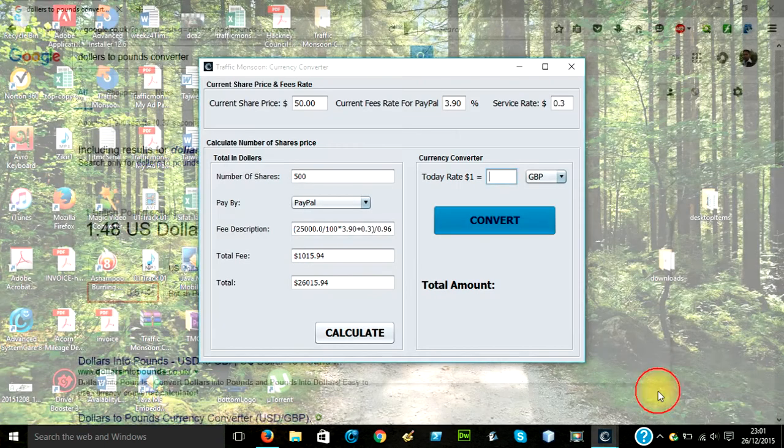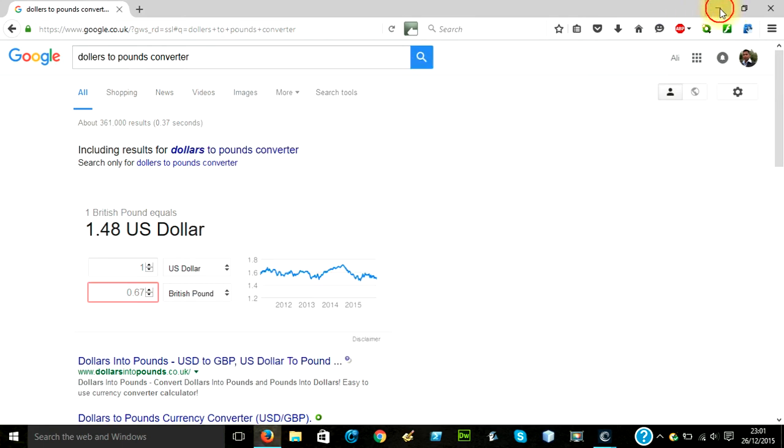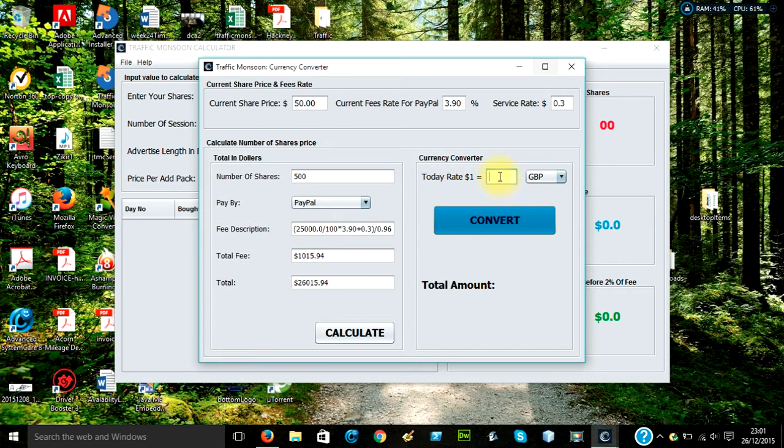So if we go to our conversion and put in 0.67, then press convert, it gives the price of 17,430 pounds 68 pence, and the US dollar amount is $26,015.94.